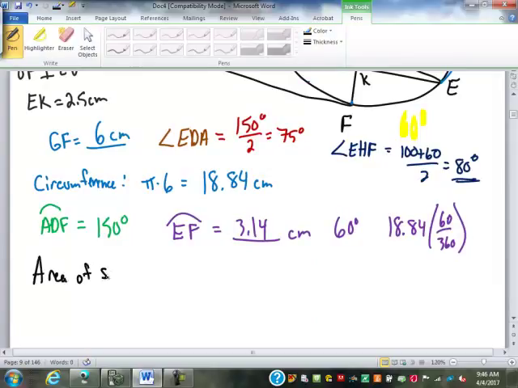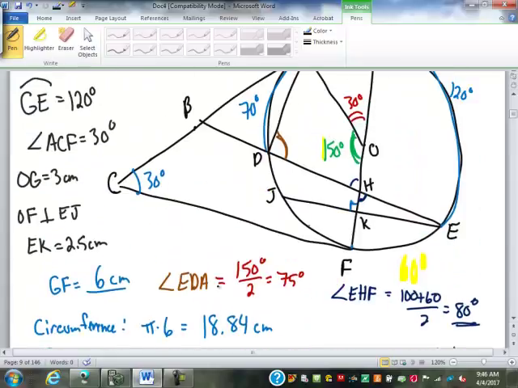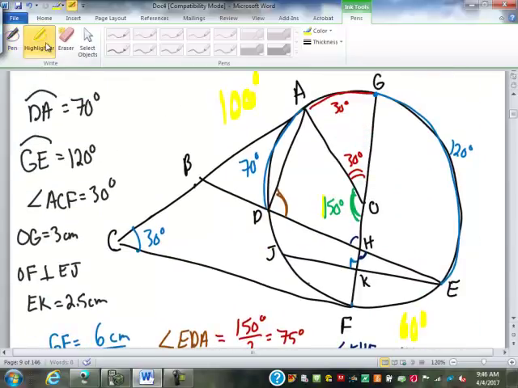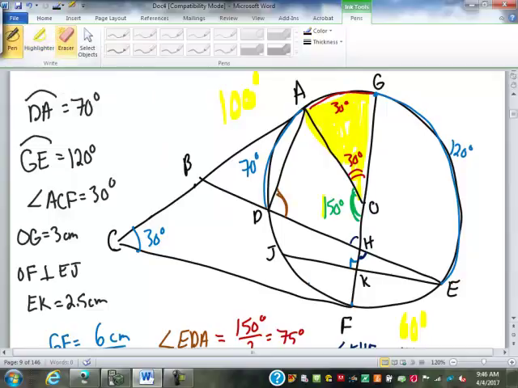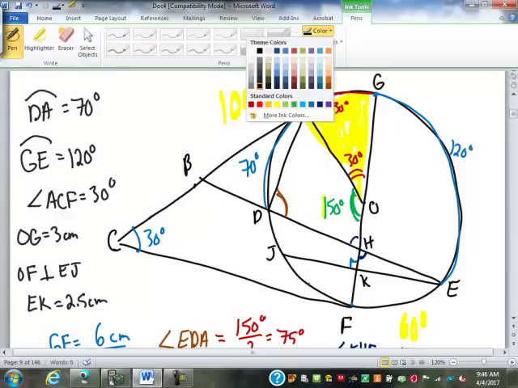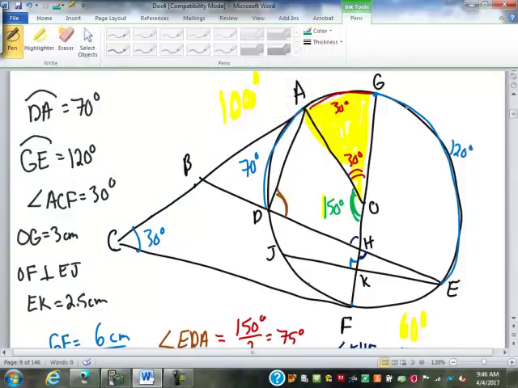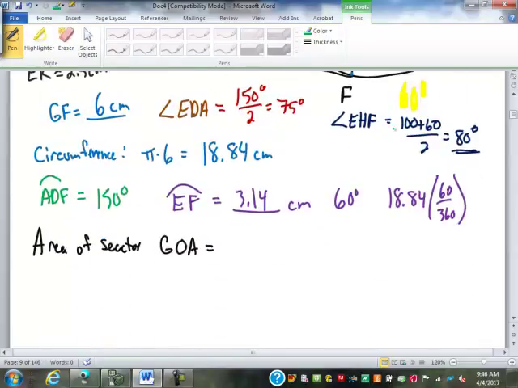Area of sector GOA. Sector GOA is this one right here. How do I find its area? Well, it's 30 degrees, right? We're going to find the area of the whole circle, which is going to be pi times 3 squared.